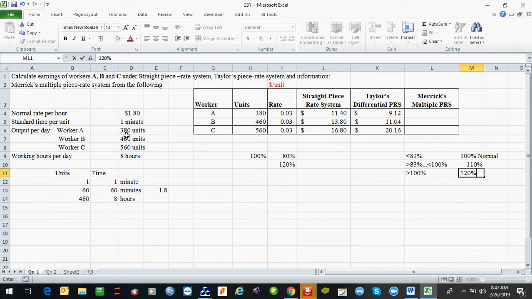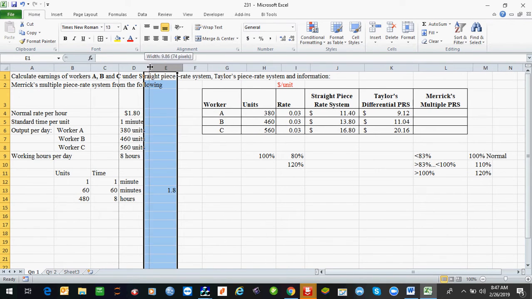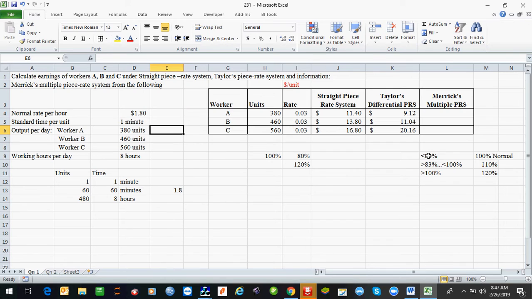So we are now checking the 380 units that were produced against 480. What will be our percentage? We want to check for A whether it is less than 83%, between 83% and 100%, or above 100%. So 380 divided by 480 is 79 percent.